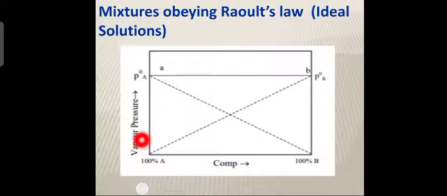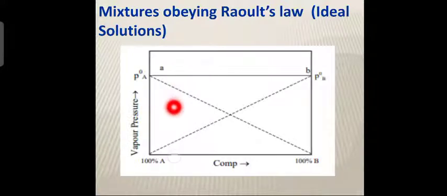This is 100% A, this is 100% B. This point gives you the partial pressure of pure component A, and this point gives the partial pressure of pure component B. In between you get the partial pressures for different percentages. Suppose this is the point, then you get the partial pressure for about 90% A, and 90% A means 10% B. Here, for example, 80% A means 20% B.